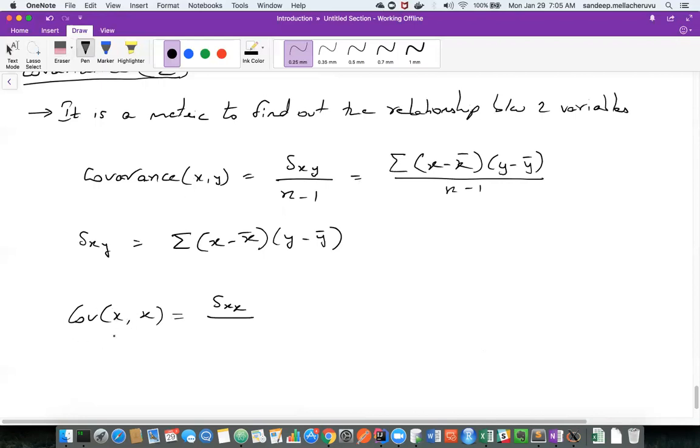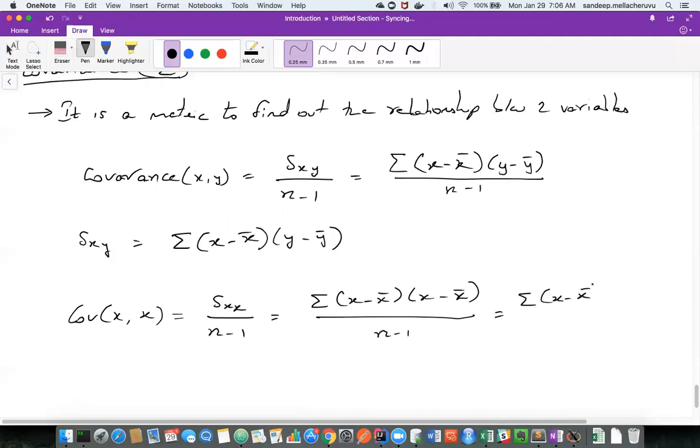What I mean is covariance of x comma x, which becomes Sxx by n minus 1, which is nothing but sigma x minus x bar into again x minus x bar, which is nothing but sigma x minus x bar square, right? And you already know this formula. This is nothing but variance of x.